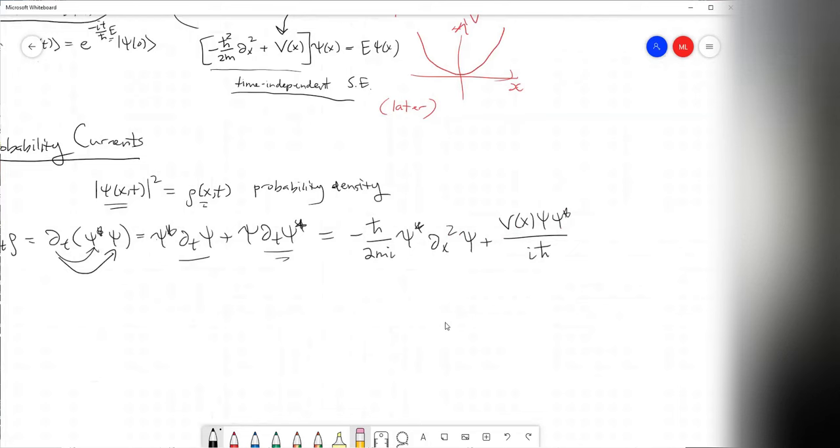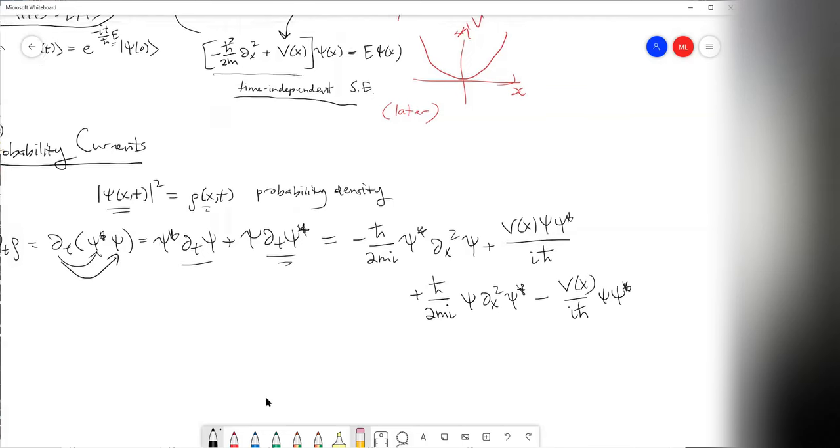That's just from the first term. Then you also get plus h bar over 2mi, you get now psi, and two derivatives in x acting on psi star. And then you get a minus V of x over i h bar psi star.